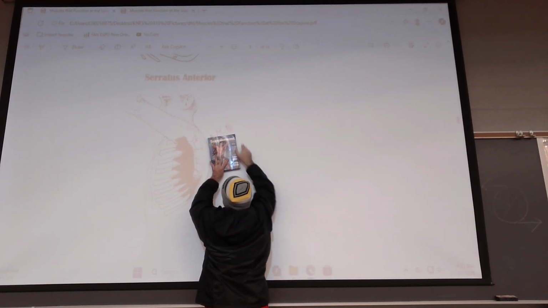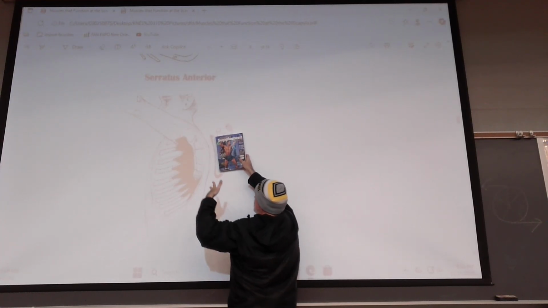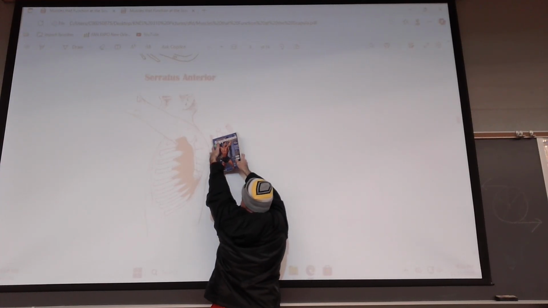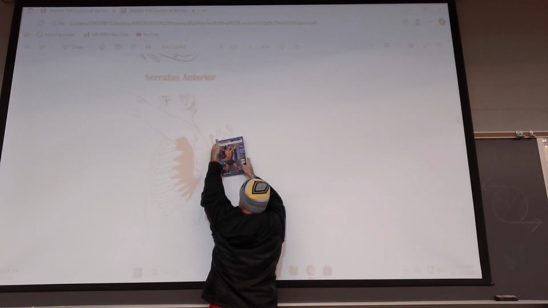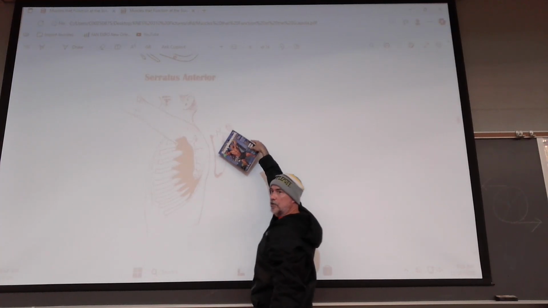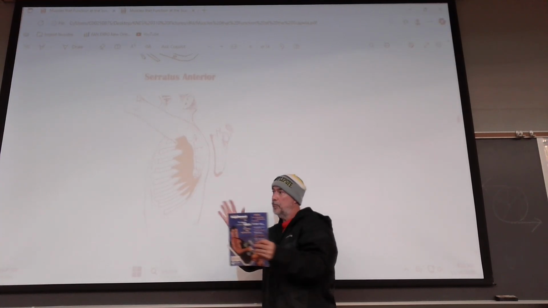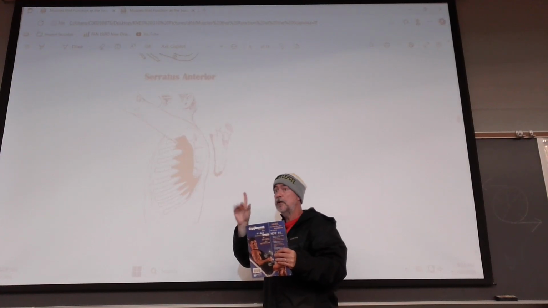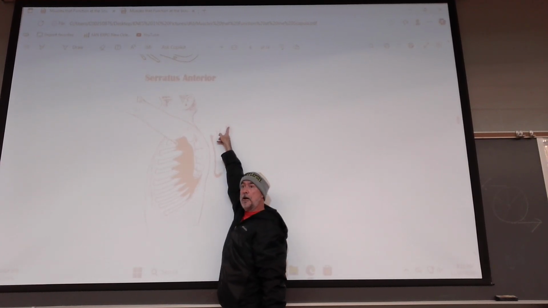Spine is up here. So the serratus anterior is going through, attaching on the vertebral border and pulling in a direction of upward rotation, because upward and downward rotation of the scapula, the axis isn't in the middle of the bone. It's actually at the spine.